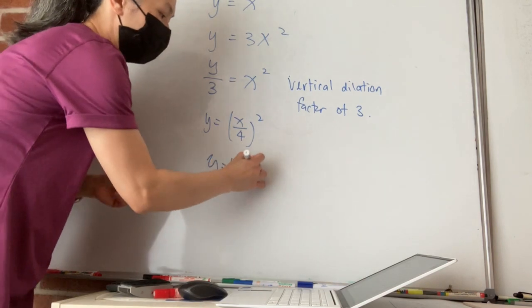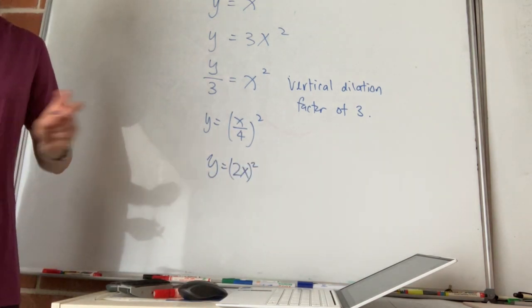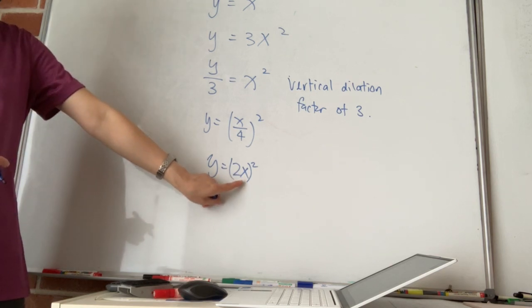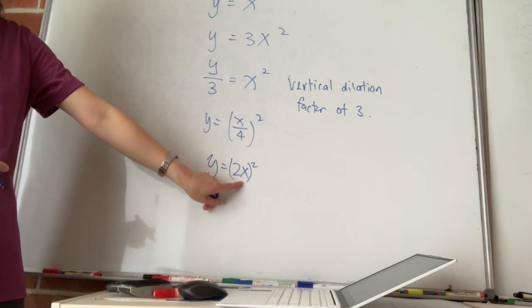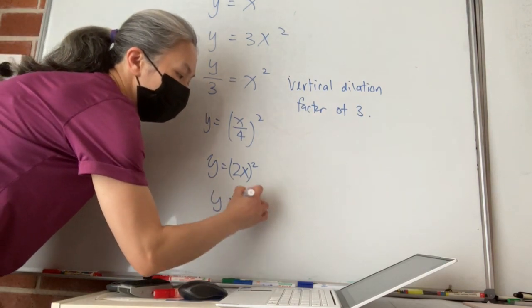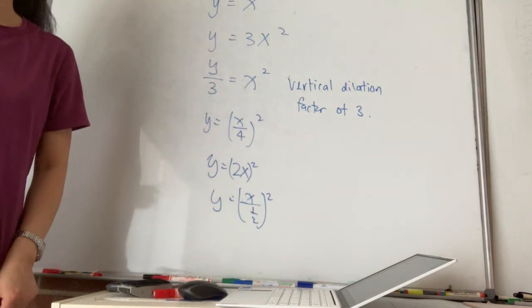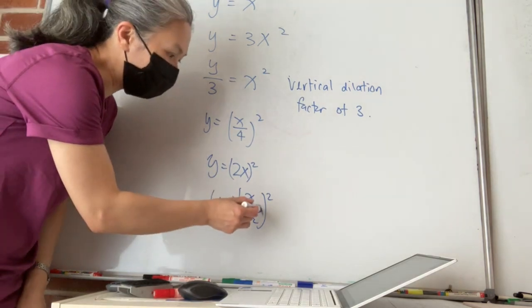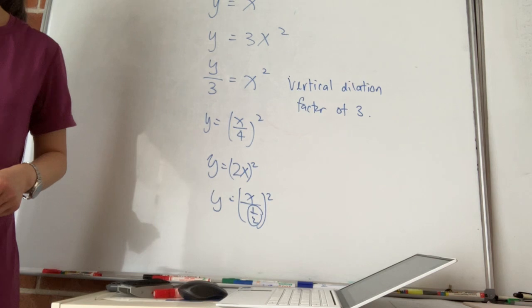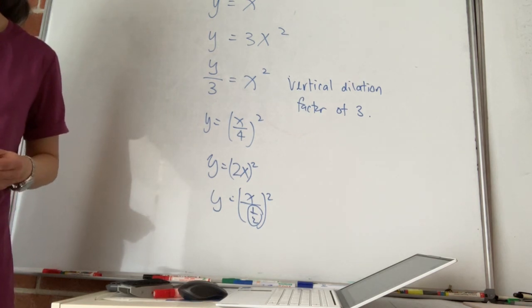If I put it like this, I want to keep it inside. So this one is a horizontal dilation factor of a half, because the factor is always the number underneath the x or the y. Does it make sense?